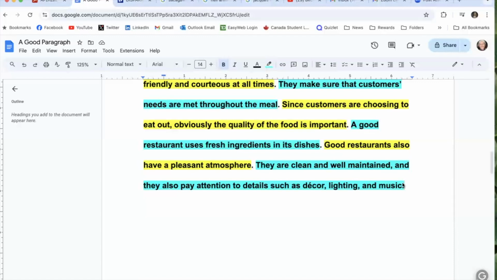Do you have pen and paper handy? Do you want to write your own concluding sentence and we can share them? Okay, so take 2 minutes now. I'll time it and think of a concluding sentence.